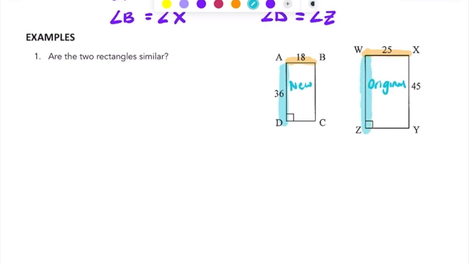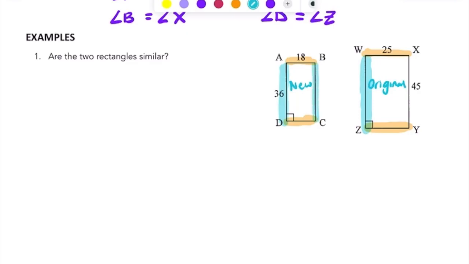Now in a rectangle, remember I have two pairs of matching side lengths. So that 18 at the top, AB, that side length, is actually going to be identical in measurement to side length DC. And same with ZY being identical in measurement to WX.